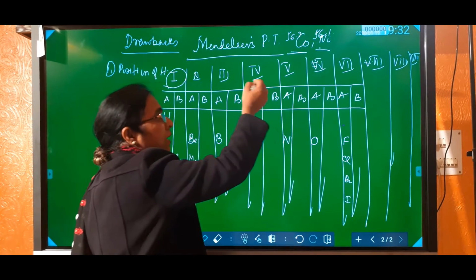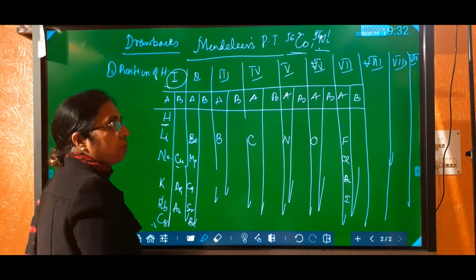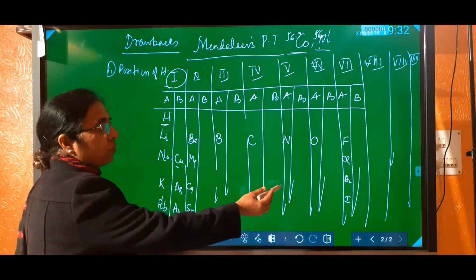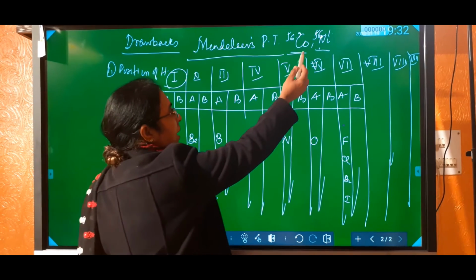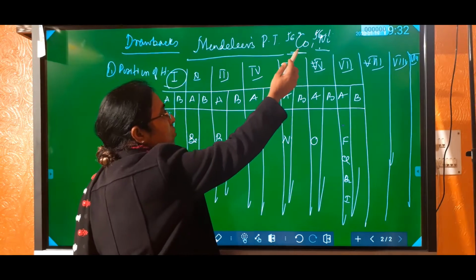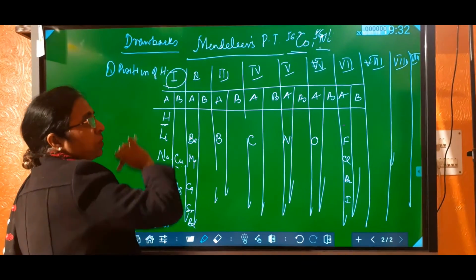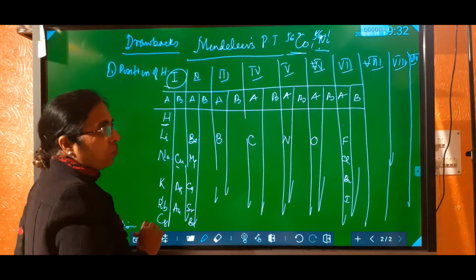So we should place nickel first and then cobalt. You will find some more elements in the periodic table having this anomaly, and Mendeleev's periodic table could not be obeyed for it.